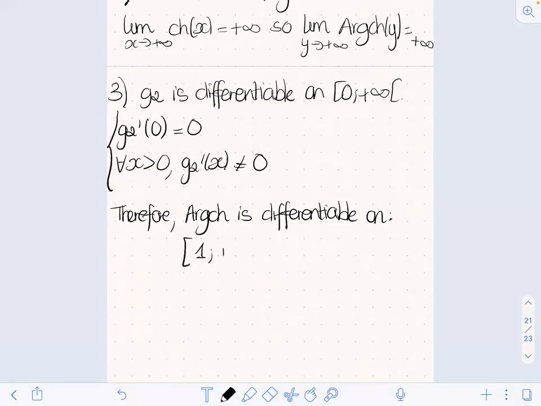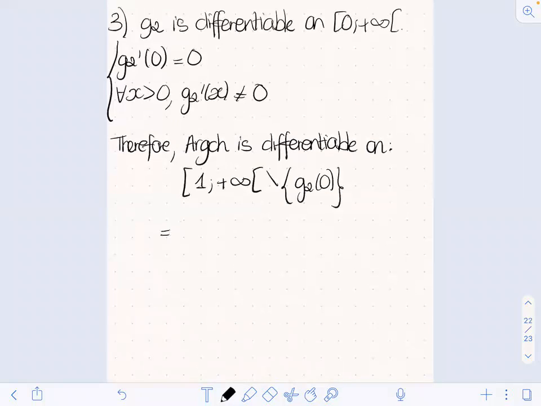Absolutely. So it's the interval where argch is defined, but we need to remove the image of this point here, the image of 0. So we need to remove G2 of 0. So that's 1 to plus infinity.